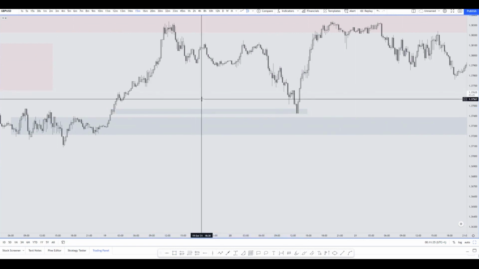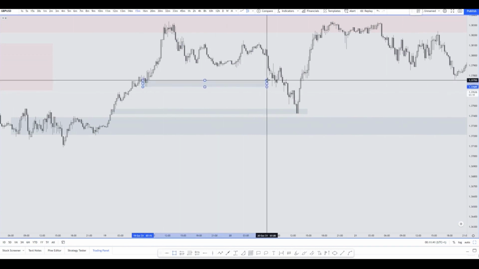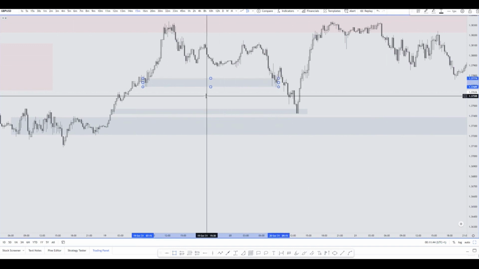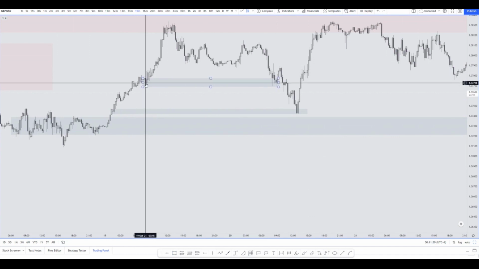And this is something that you'll have to test for yourself, but you'll see which zones hold, which zones don't, why they hold or why they don't. And you will get to a bunch of areas like this, and you're probably like, well, which zone do I pull? What do I do?